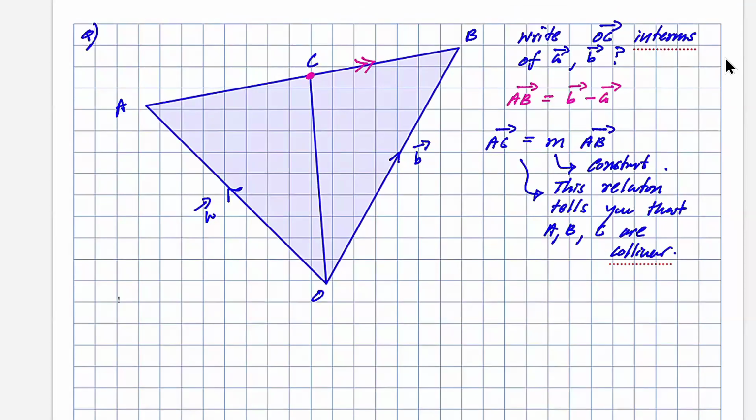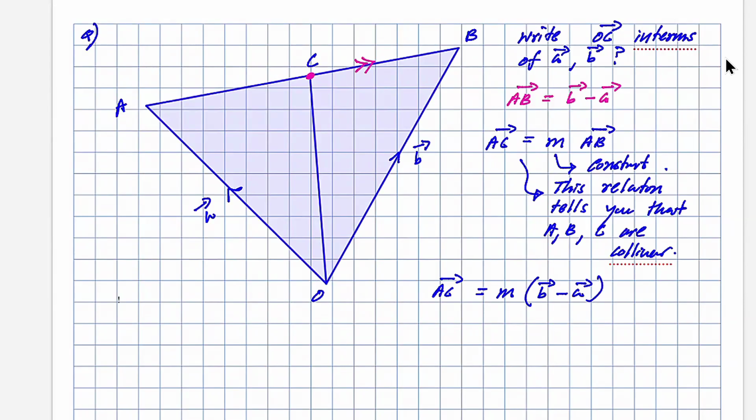Coplanar means what? On the same plane. Right? Okay, so that is collinear. So AC, you can write now M times B minus A. Actually, yeah. AC is equal to M times AB.